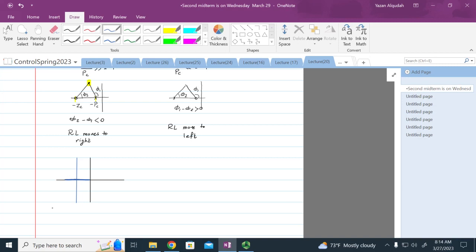You don't need to look anywhere other than this graph. No, it's straightforward. What is the transfer function going to look like?